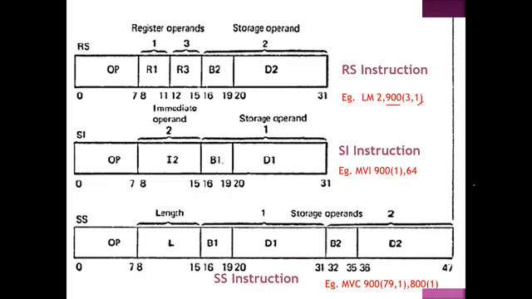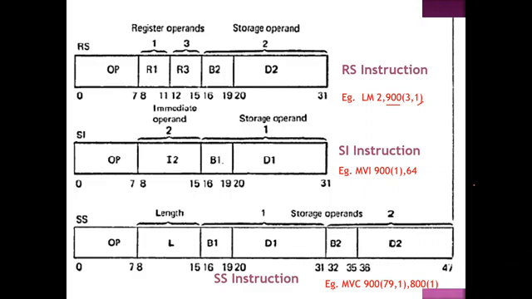Because I wanted to copy the values present starting from 800 to 879. 800 to 879 is how many? 80. Totally 80 values. I wanted to copy them to 900 to 979. So how many locations have I copied? Not just one location. I have copied the whole set of locations to the other set of locations.